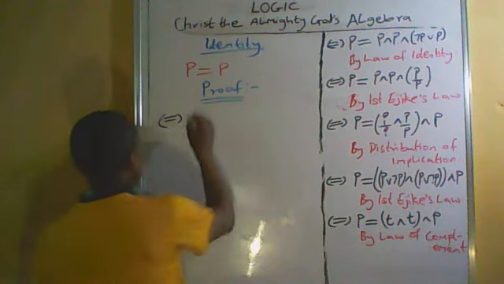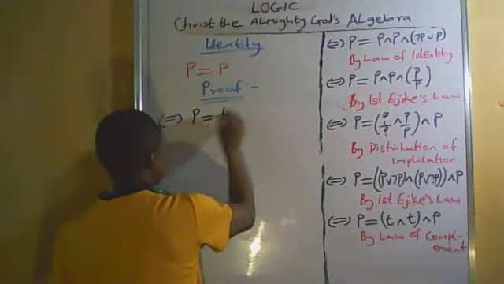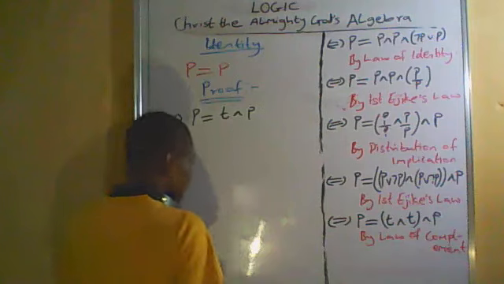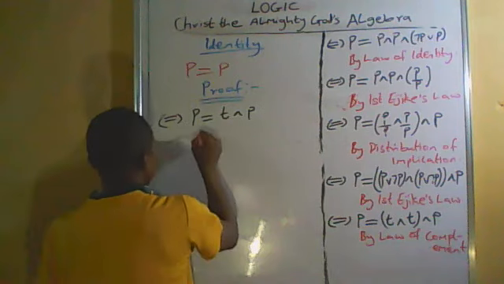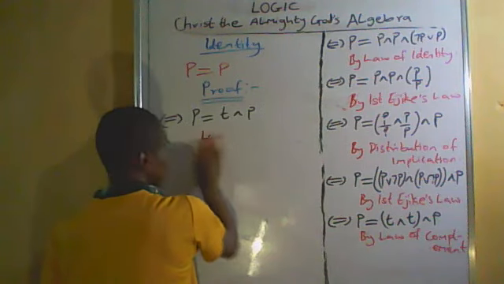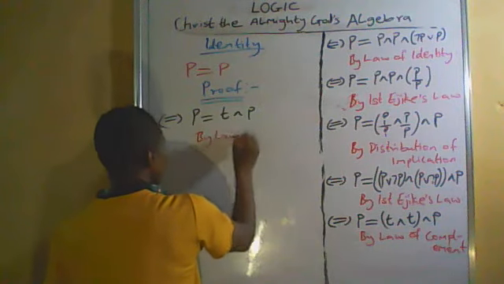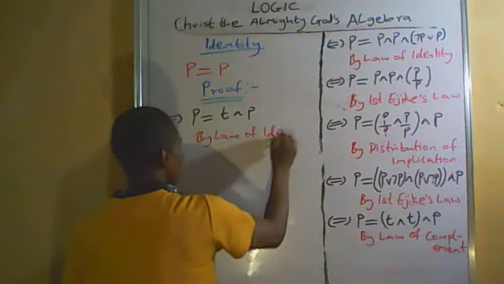That means we have P is equal to T and P, being justified by the law of identity.